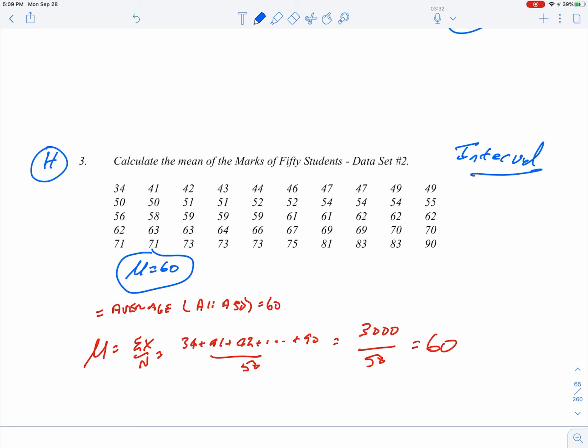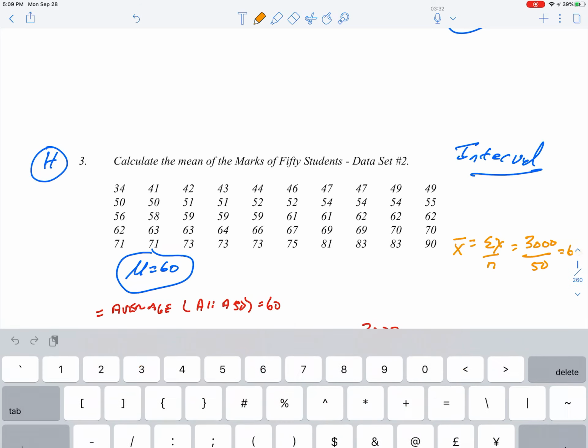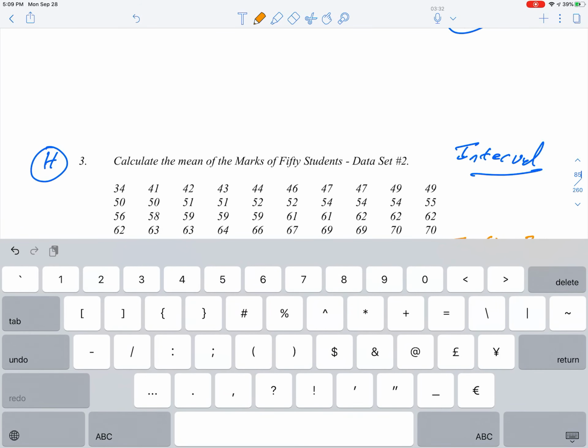If these were considered to be sample data, what we would do then is we would say, well, x bar would be equal to the sum of the x's over little n, which is exactly the same formula. So when you're calculating means, you use exactly the same numbers, and you just use different symbols, but it's the same formula here. So the mean would turn out to be 60 in this particular case then.